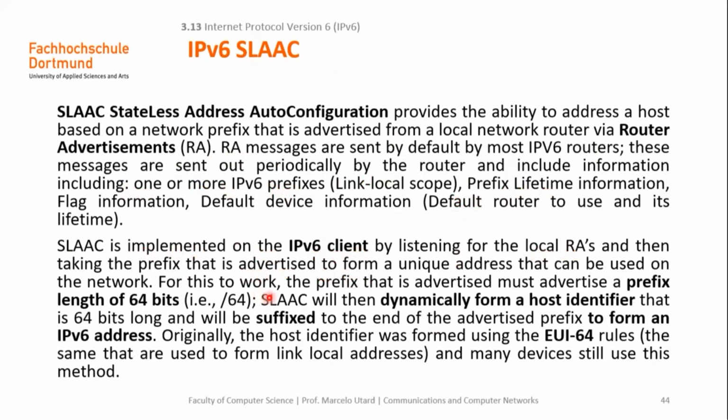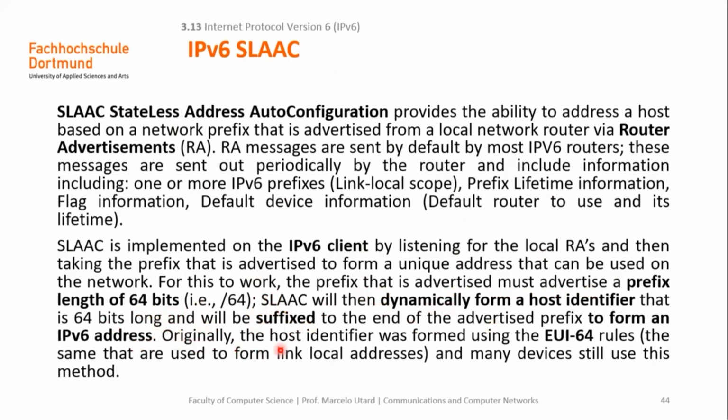For this to work, the prefix that is advertised must have a prefix length of 64 bits. In this case, SLAAC will dynamically form a host ID that is 64 bits long and will be suffixed to the end of the advertised prefix to form an IP version 6 address.